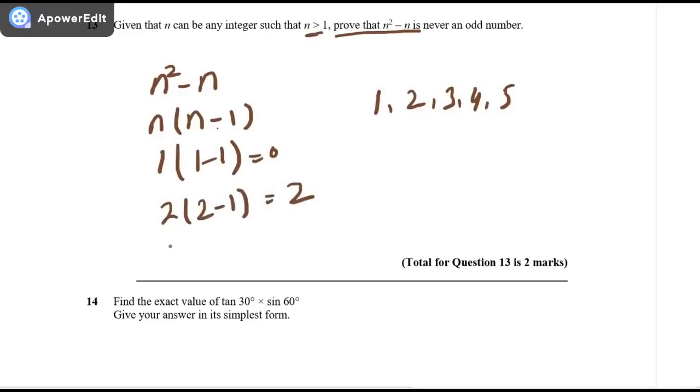Let's put 3. So 3 times 3 minus 1, and 3 minus 1 is going to be 2. 2 times 3 is going to be 6. So you can put any number. You look, this is 0, 2, 6. We are always getting an even number, so it's never going to be odd. So you get 2 marks for this question. Easy peasy.